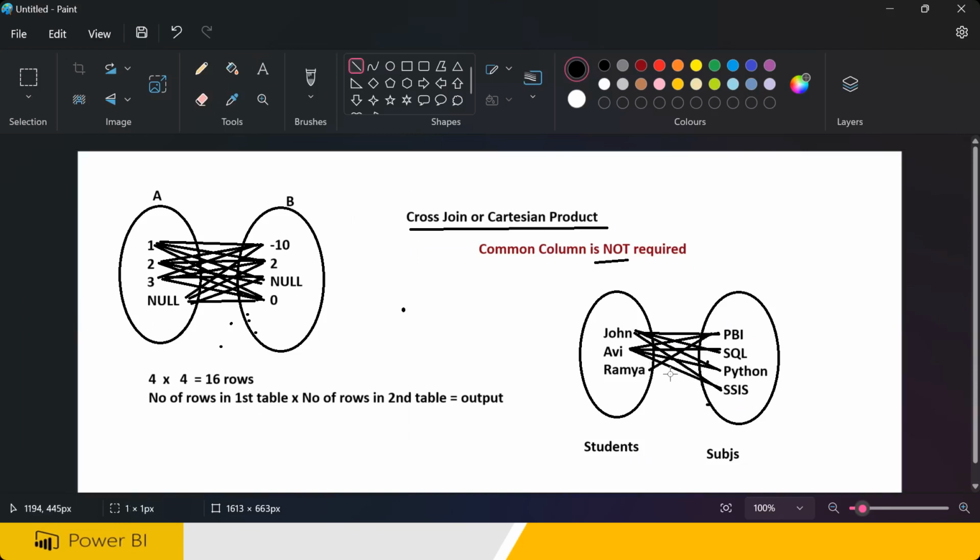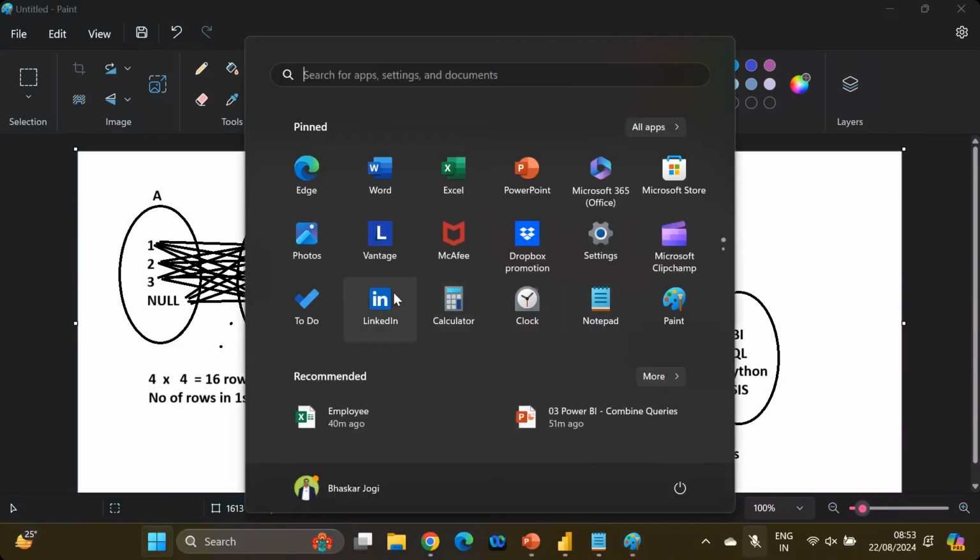Like that, I want to get 4 combinations. Clear? Yesterday I also spoke about one more example. Do you see the combinations here? Total 3 into 4, 12 rows you are going to get. So this will be your matrix. Cross join will be your matrix. How? It will be like this.